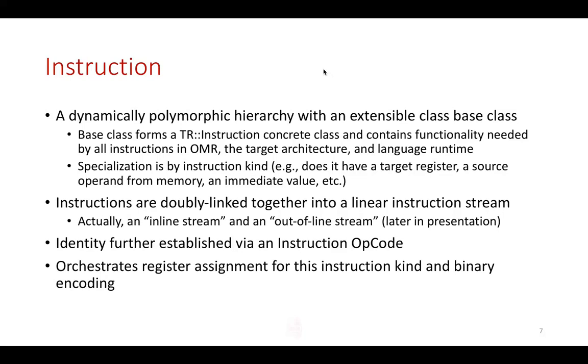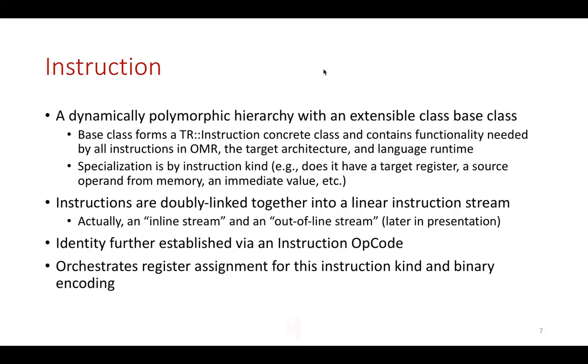And then if you actually had a double register form with an immediate value, you would derive from the register form a register immediate form. So you're really building up this hierarchy based on instruction kinds, and it's really, again, dependent on whatever the architecture is that you're working with and what its capabilities are. So we'll have to see what makes the most sense for A64 here.